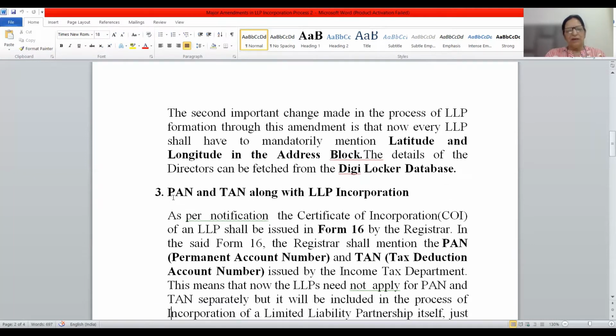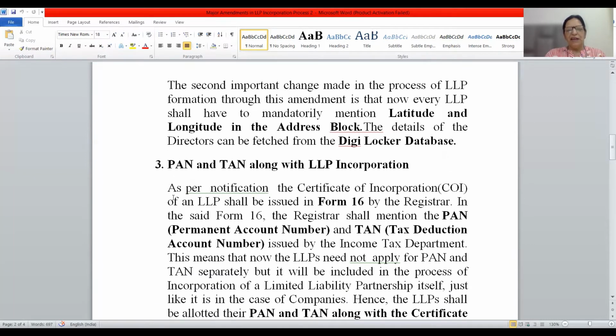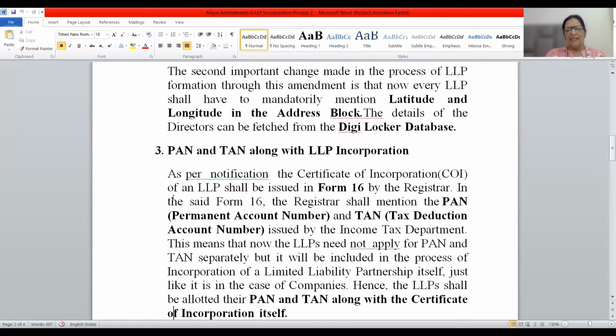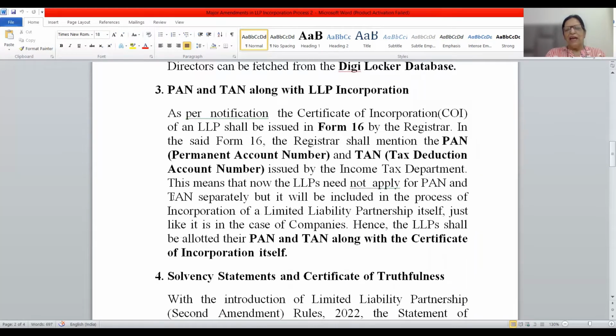But now the procedure is different, and the LLP need not apply for PAN and TAN separately; it will be included in the process of incorporation of LLP itself, just as it is done in the case of companies. Hence, the LLPs shall be allotted their PAN and TAN along with the COI, which is the Certificate of Incorporation itself.